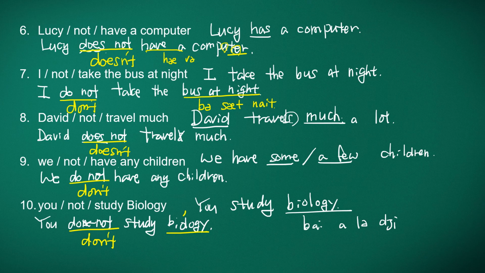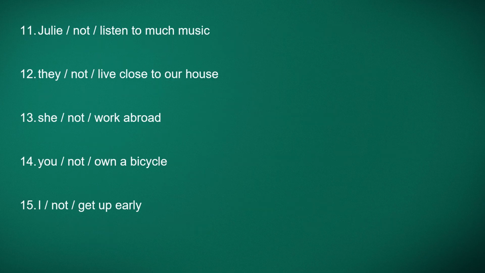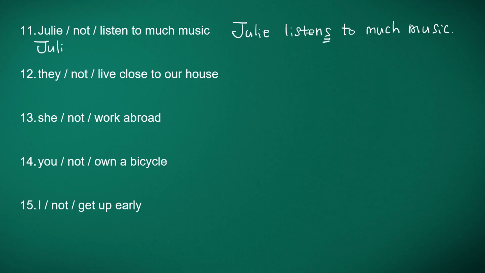You don't study biology. Number 11, Julie listens to much music. So affirmative is going to be Julie listens, L-I-S-T-E-N-S. We need third person singular S. To much music. And then the negative will be Julie does not.